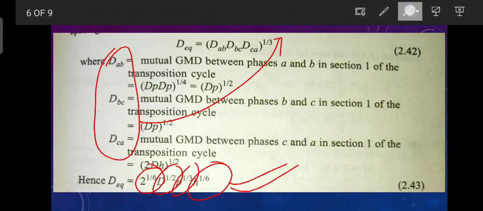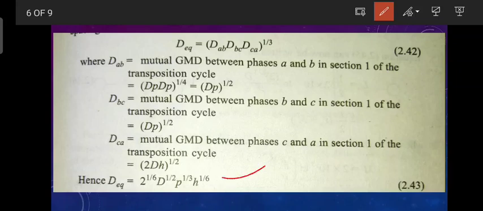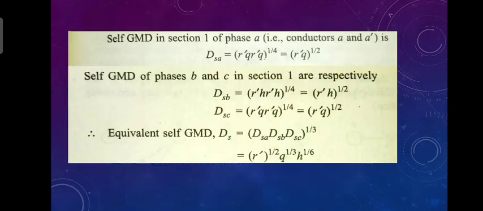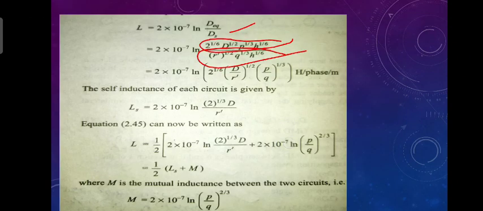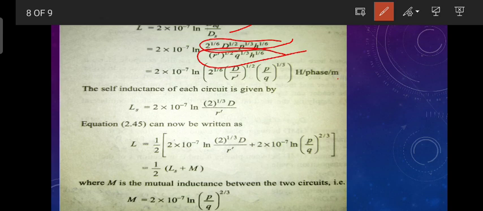See here, from this equation D equivalent will be taken, and from this equation equivalent self GMD will be taken. By placing this, 2 into 10 to the power minus 7 ln 2 to the power 1 by 6 and D to the power 1 by 2 over r dash to the power 1 by 2 and into P by Q to the power 1 by 3 Henry per phase per meter, because that is the unit of inductance.